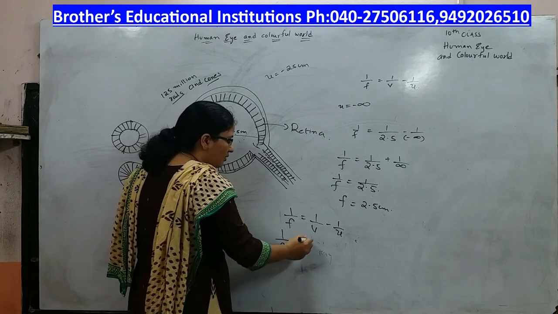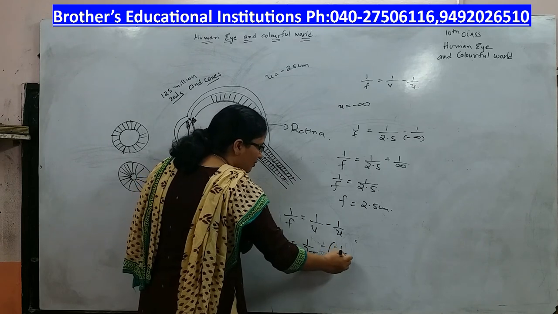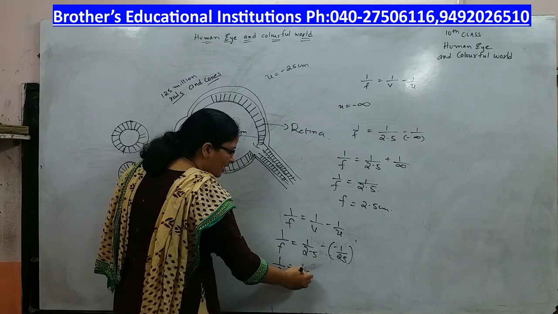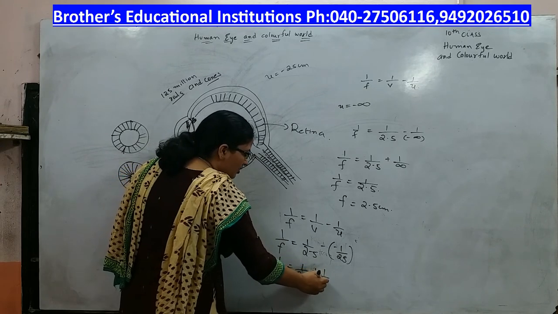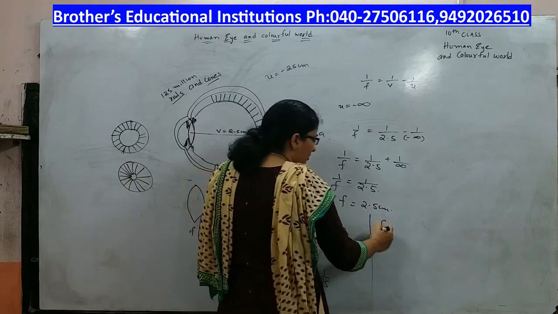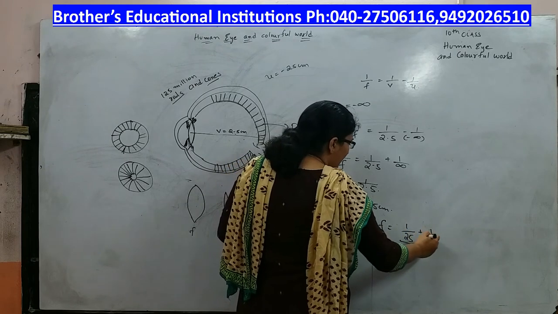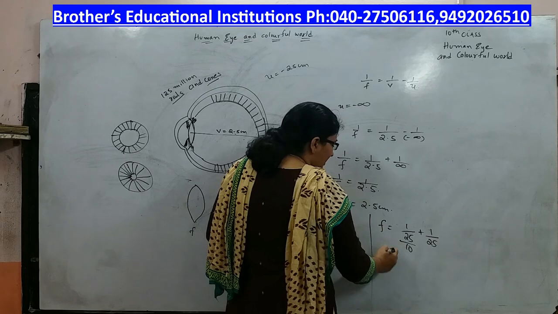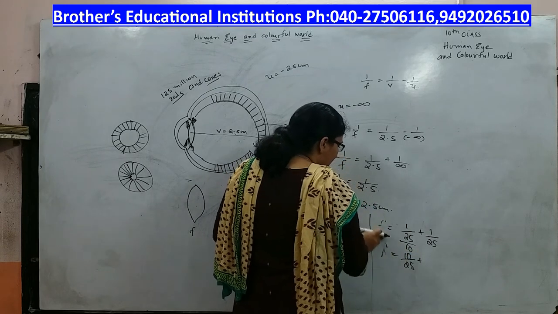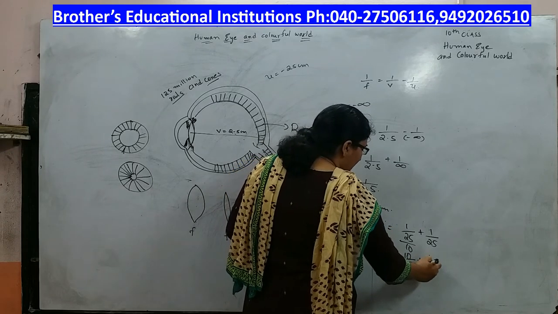So what do you have here? 1 by f is equal to 1 by 2.5 minus of minus 1 by 25, which is 1 by 2.5 plus 1 by 25. This is 10 by 25 plus 1 by 25.